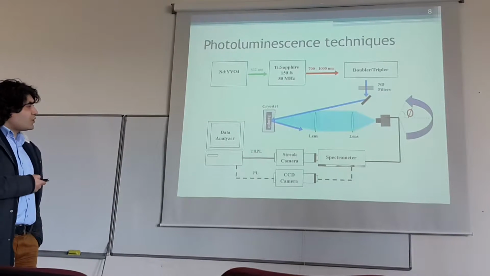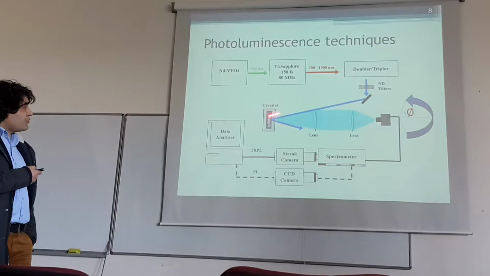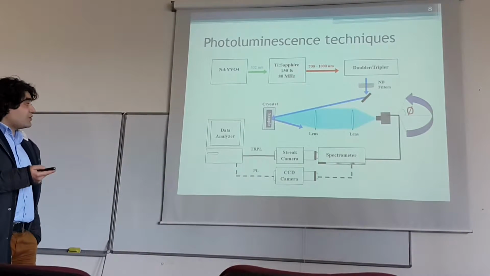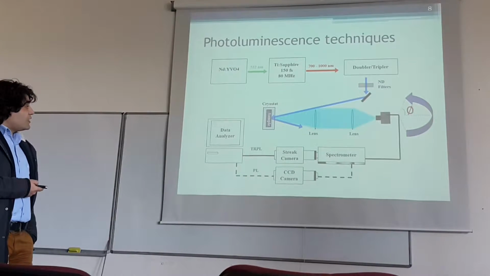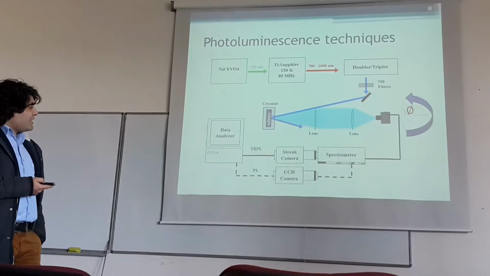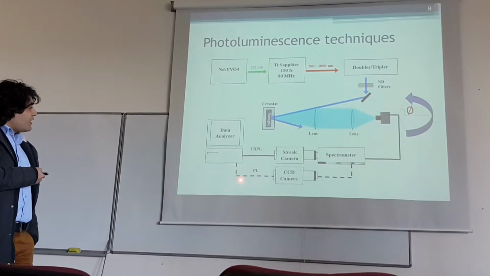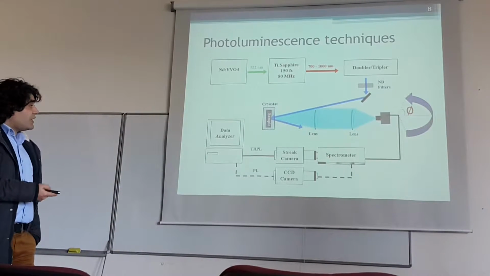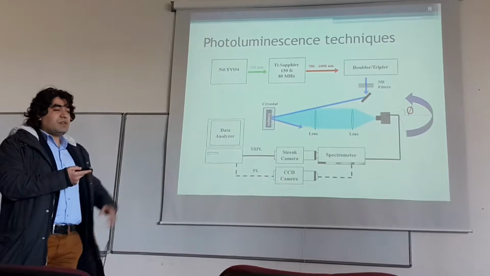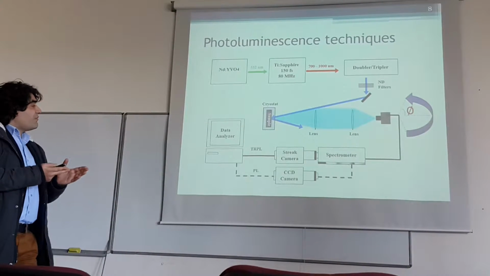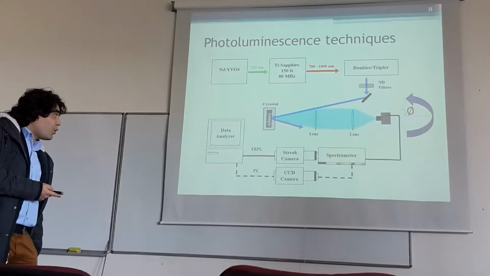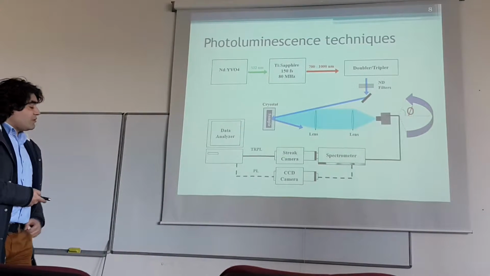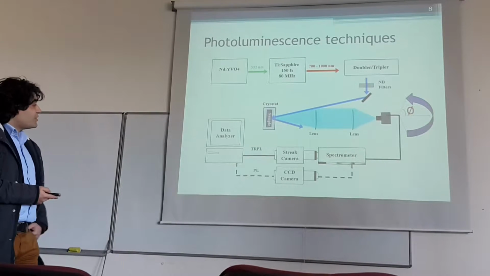The collected photoluminescence is sent to a spectrometer to analyze it. It can be analyzed using either a streak camera or a CCD camera. The streak camera gives us how fast these carriers recombine, and the CCD camera gives us intensity information of this photoluminescence.